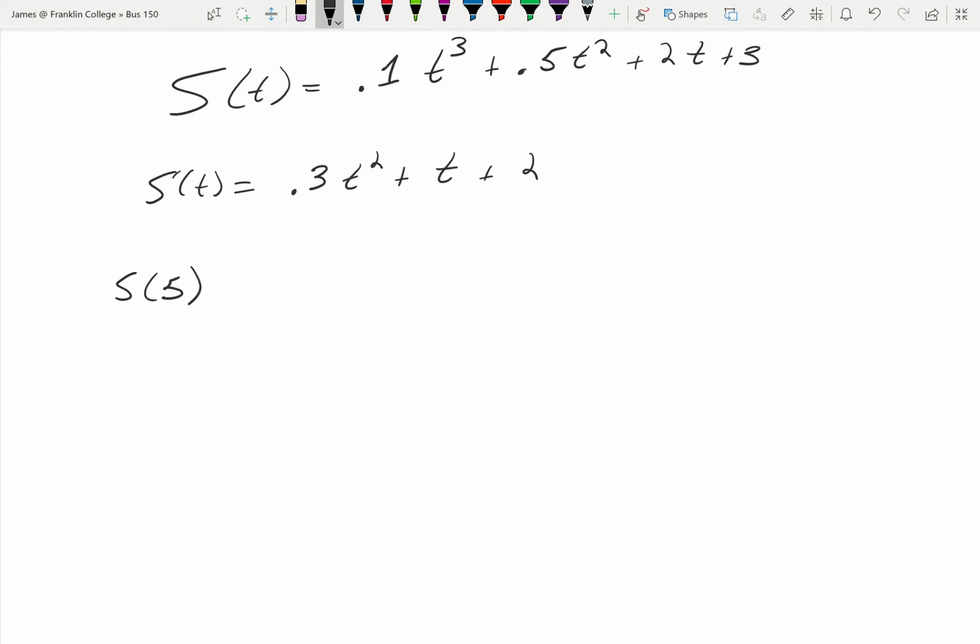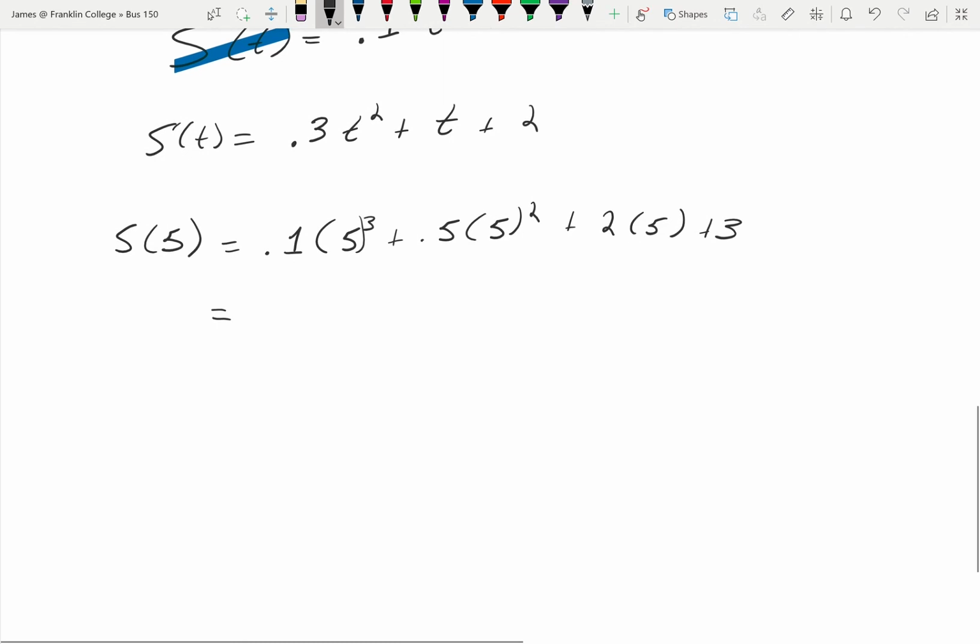Well, we can plug that into our original s of t equation, and we'll get 0.1 times 5 cubed plus 0.5 times 5 squared plus 2 times 5 plus 3.